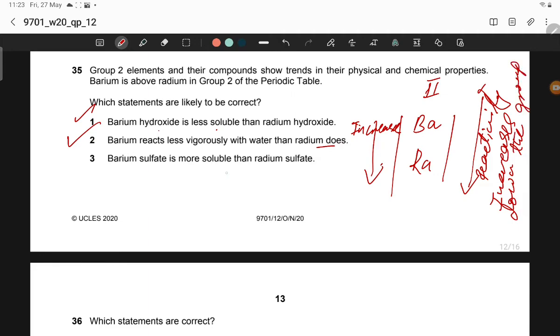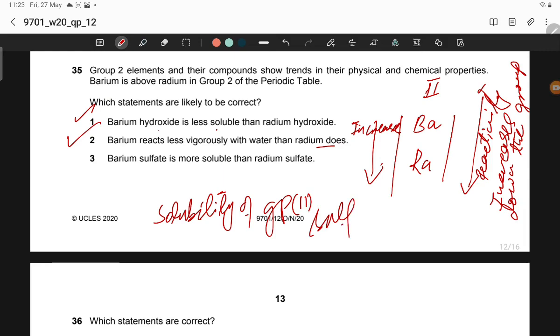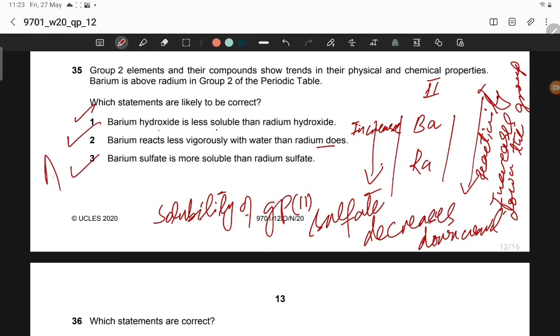Barium sulfate is more soluble than radium sulfate, and the solubility of group 2 sulfates decreases downward. So this is also correct. Option is A.